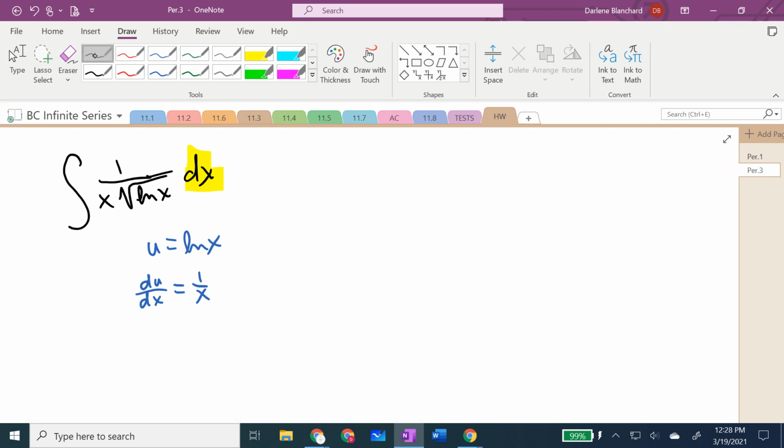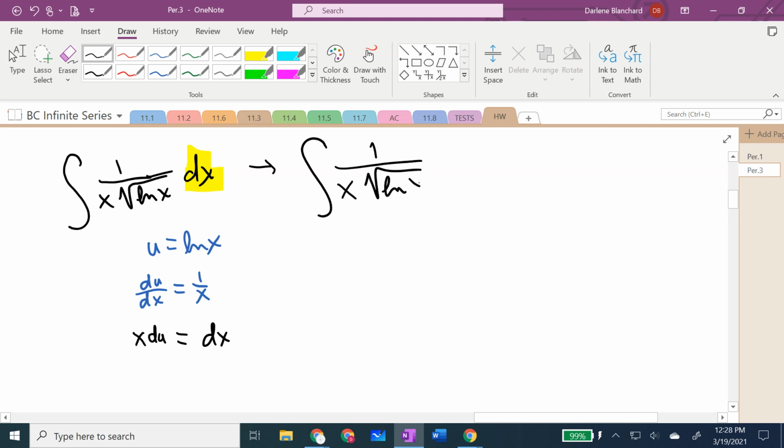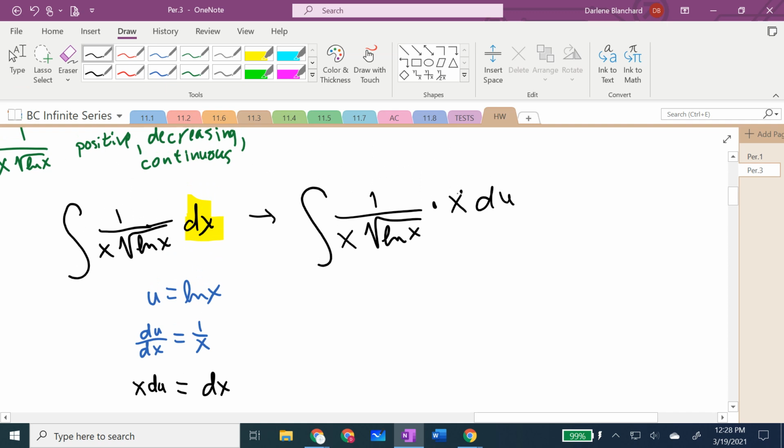So I'm going to isolate dx by multiplying it to the right, but also multiplying x over to the du. And then this becomes, and let's take a look at what goes. Cancel, cancel. And then the only thing I have left with x in it is what I chose to be u, so this is going to work.